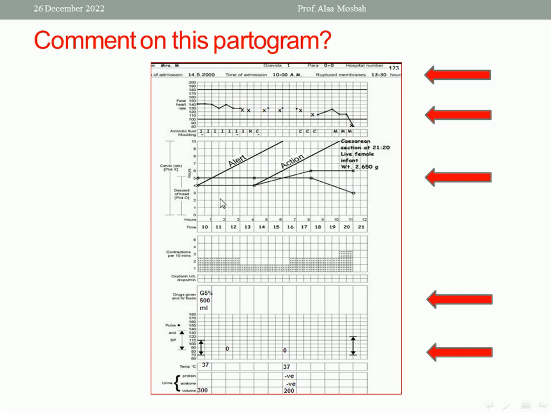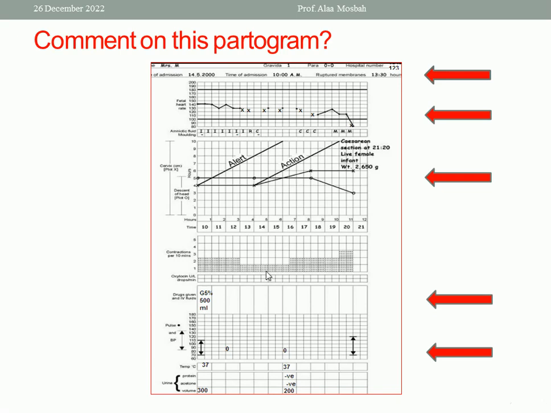When you look at the cervical dilatation and the head descent, you should look at the uterine contraction. Is there strong uterine contraction or not? How can I know from these squares? How many squares per 10 minutes? If there are 2 squares stable, dots like that, this means 2 contractions per 10 minutes.